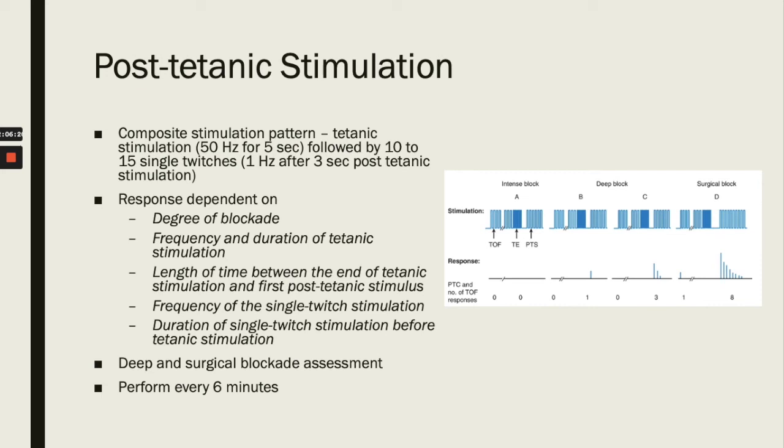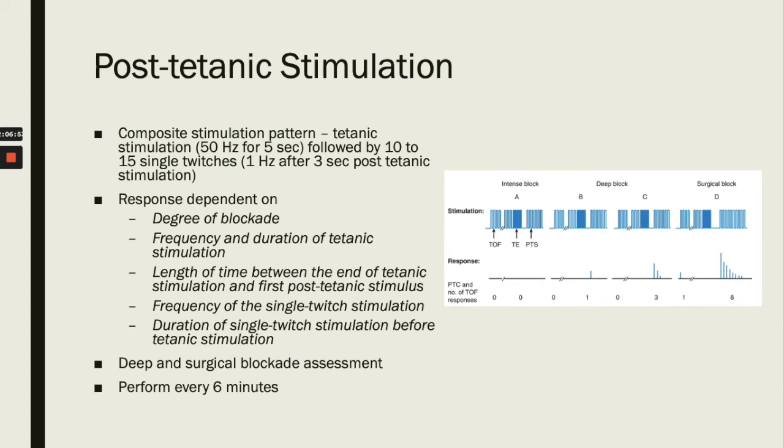And depending on how much neuromuscular blocker is there, you'll see fade in those twitches. However, you should only do that every 6 minutes, because you have to give time for another release of acetylcholine to be available at the motor end plate.